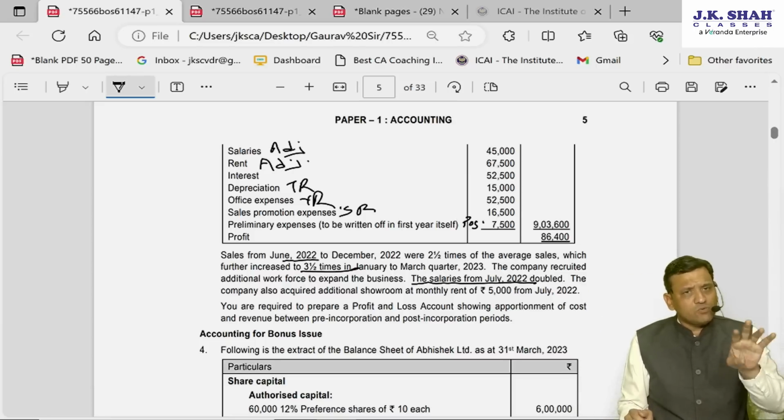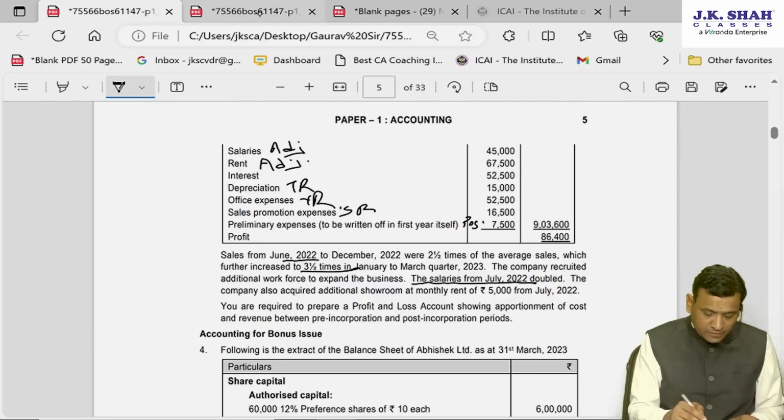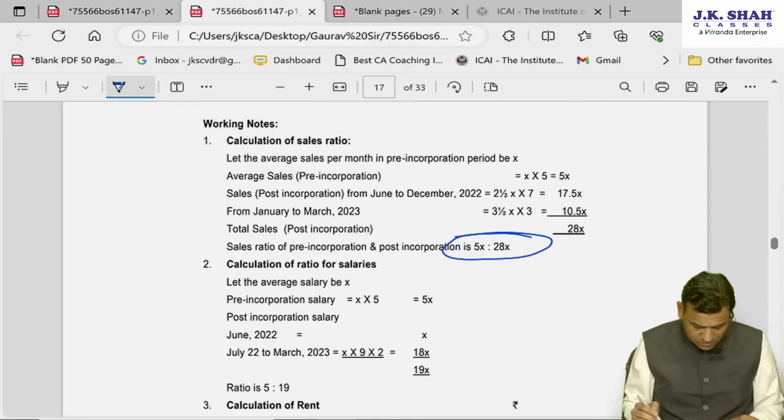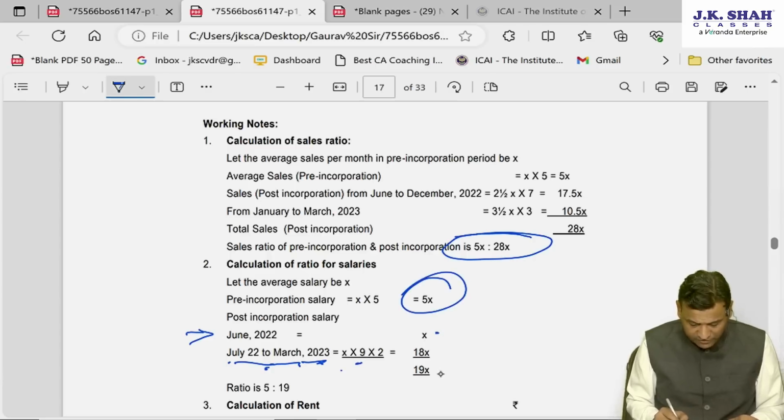For the first 5 months it was X. Now it is 2X. In June it is X, and from July till March, X into 9 months, into 2, is 18. So total 10 months are there in the post-period. So my ratio is 5:19.